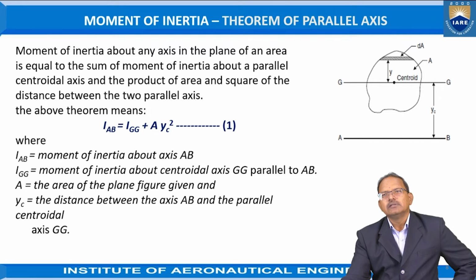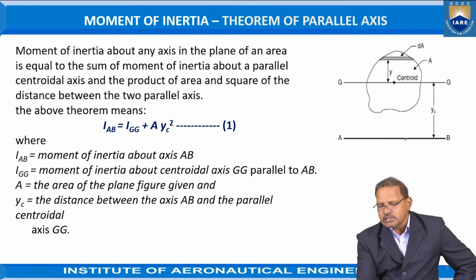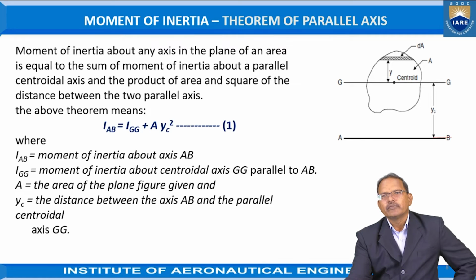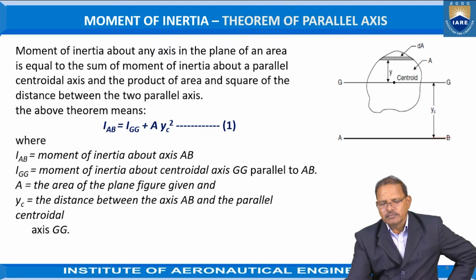Moment of inertia, theorem of parallel axis. The moment of inertia about any axis AB is equal to the sum of the moment of inertia about a parallel central axis and the product of area and the square of the distance between the two parallel axes.